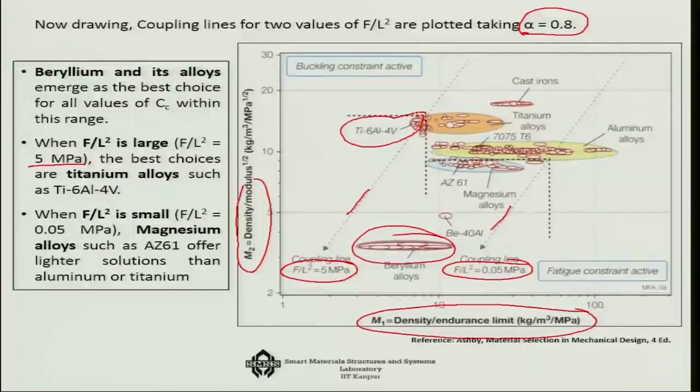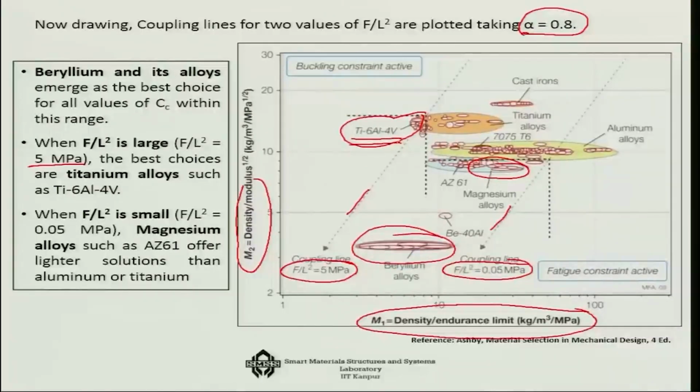And when the pressure is low, you may also consider the magnesium alloys here. Of course, you have to keep in mind that if you choose the magnesium alloy, you will satisfy M1 more and M2 less. If you choose beryllium, you can satisfy both conditions 50-50, and for the case of high pressure, you have only titanium alloy as your choice in terms of the material.